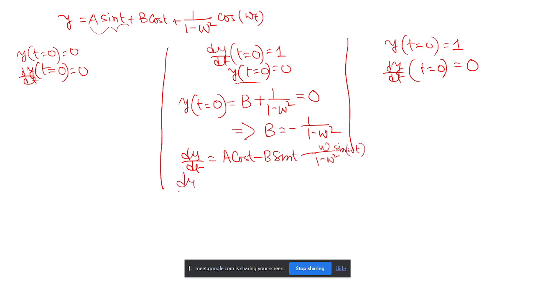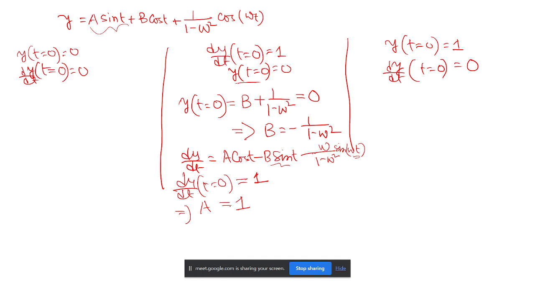So dy dt at t equal to 0 to be 1, what will we get? If we put t equal to 0, we will have a, and this will be 0, and this will also be 0. So we will have a equal to 1.